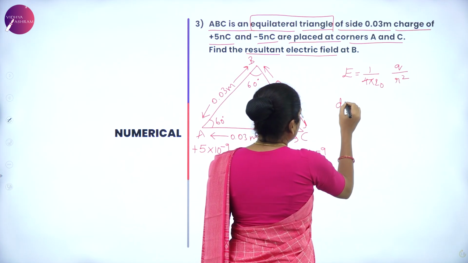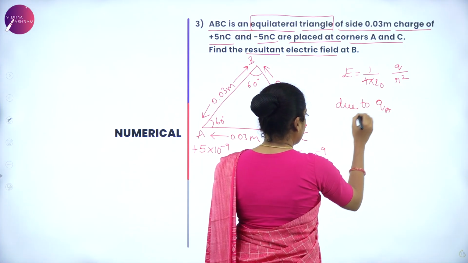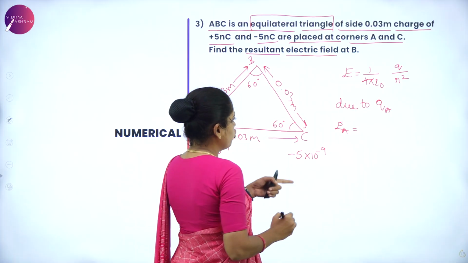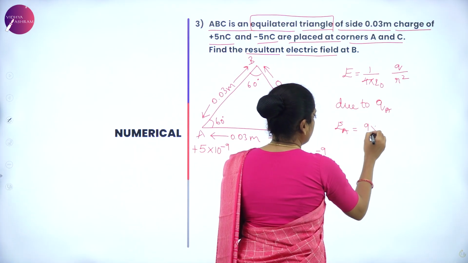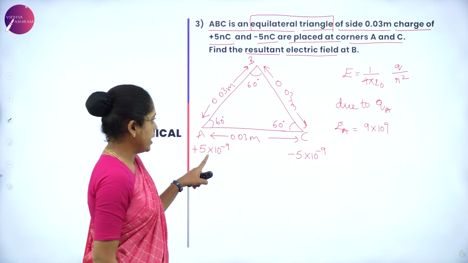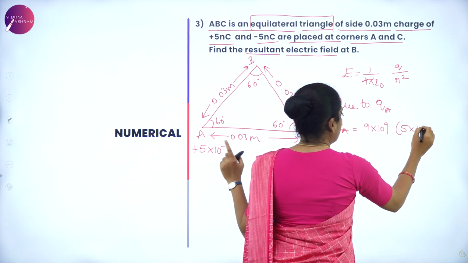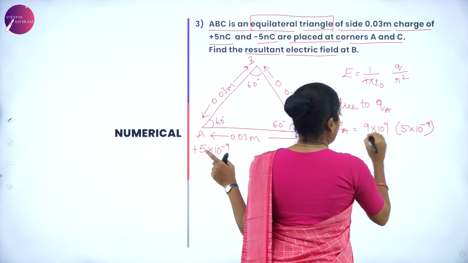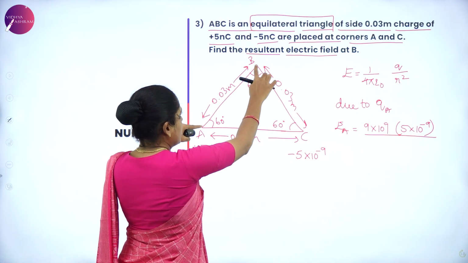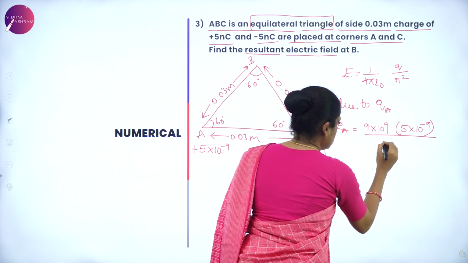Due to the charge at A, the electric field is equal to 1 by 4 pi epsilon naught, whose value is 9 into 10 power 9, and the value of Q at A is 5 into 10 power minus 9, divided by the distance between the charge and the point where we are finding the electric field, which is 0.03 meter.